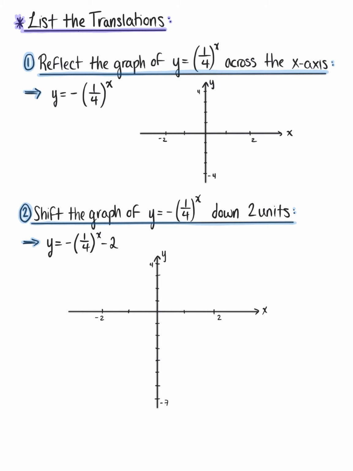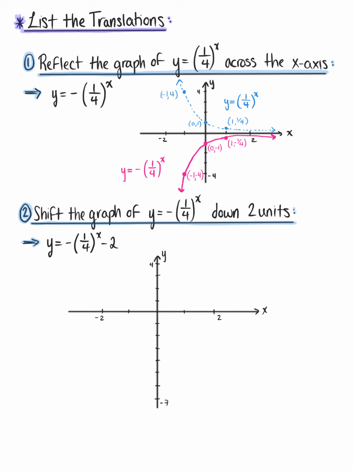So considering the graph of the parent function as a dotted line, we can now take this parent function and reflect it across the x-axis. Observe that the ordered pairs on the parent function, -1, 4, 0, 1, and 1, 1/4, have been transformed to the ordered pairs -1, -4, 0, -1, and 1, -1/4, respectively.